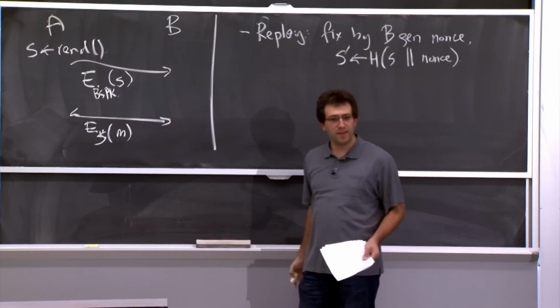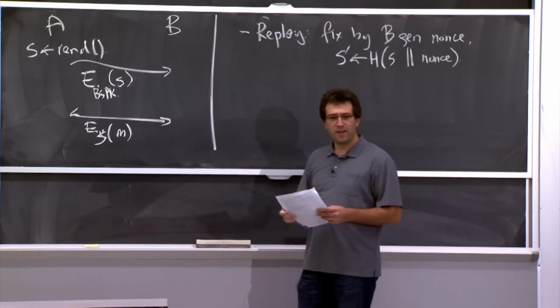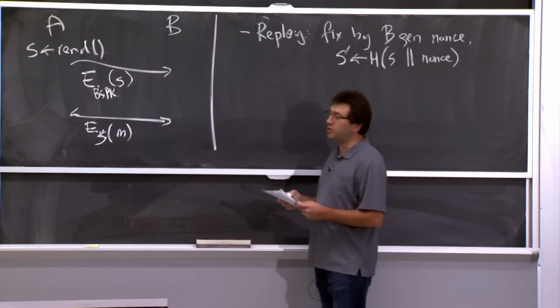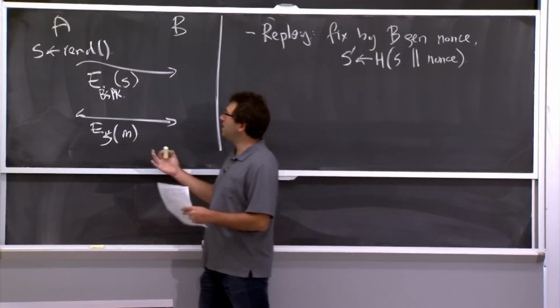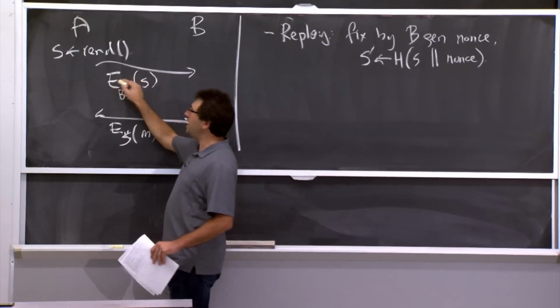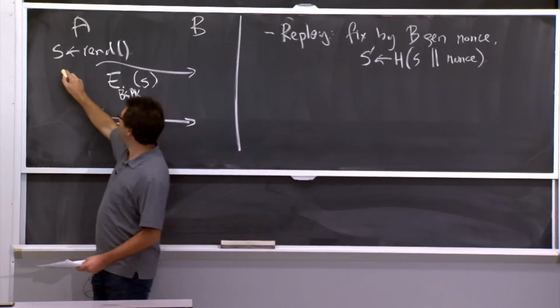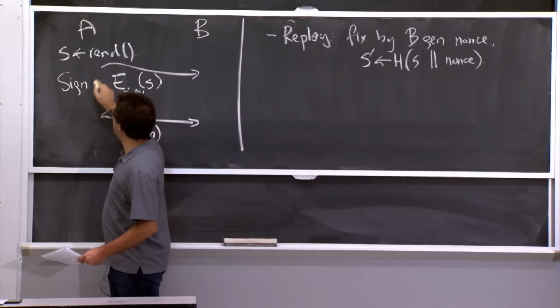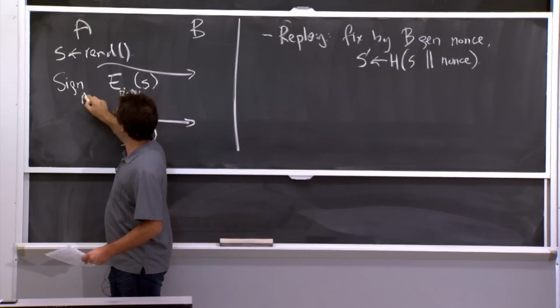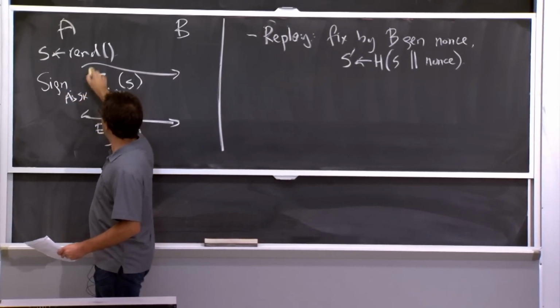Suppose, yeah. Have A sign something and then B verify. Yeah, so there's actually a couple of ways you could go about this. One possibility is A maybe should sign this message initially, because we have this nice sign primitive. So we could maybe have A sign this thing with A's secret key.